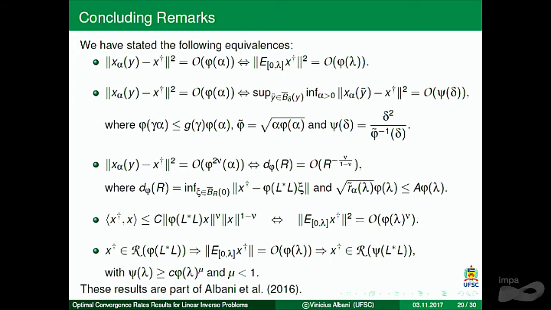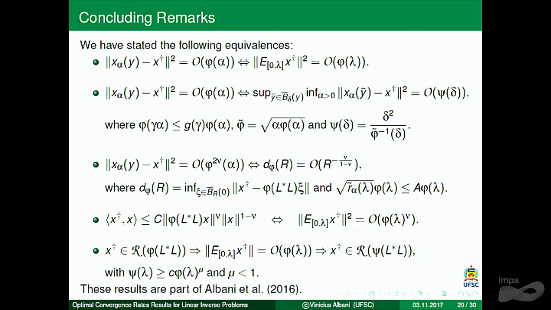And to finish, we just recall all the results. We found that the convergence rate with noiseless data is equivalent to this behavior of the tail function.